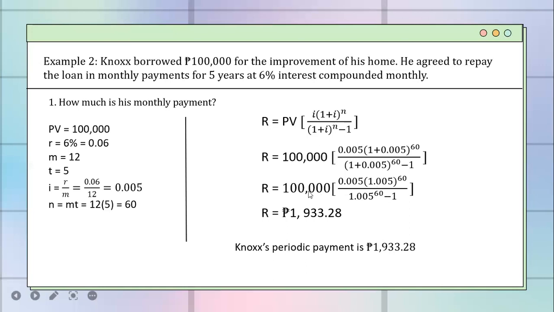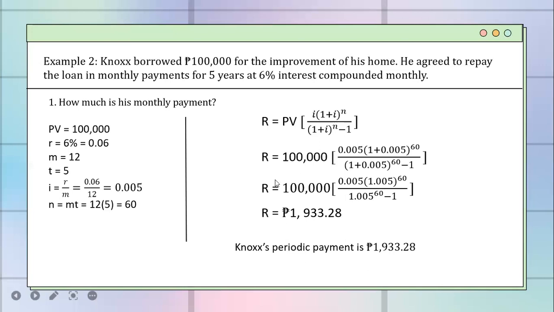So in solving for inside the bracket first, we will have R equals 100,000 times 0.005 times 1.005 to the power of 60 over 1.005 to the power of 60 minus 1.